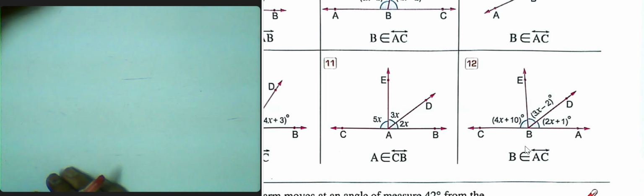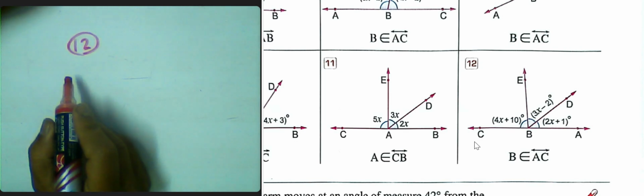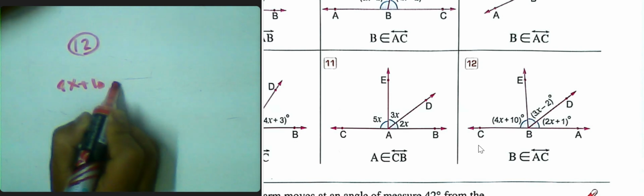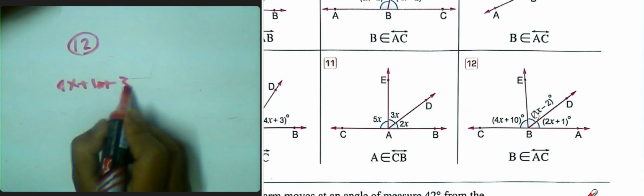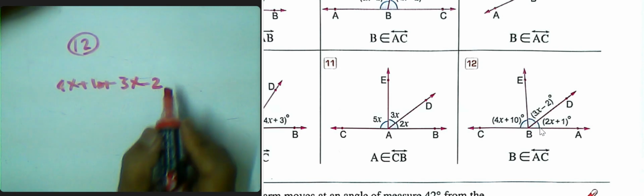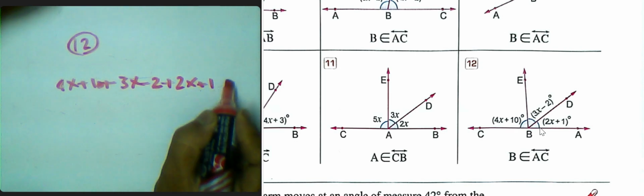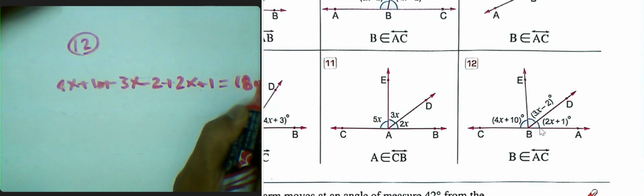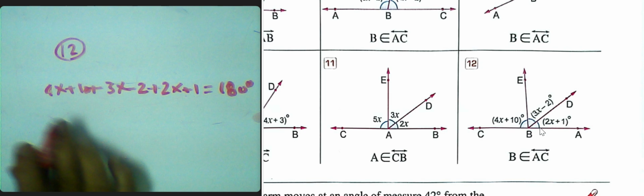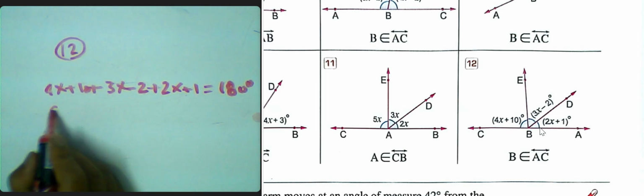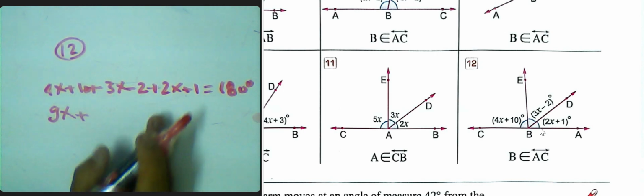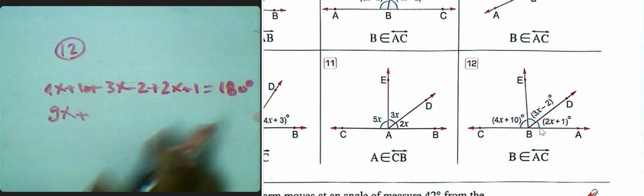Next example, we have three adjacent angles, the sum of them equals 180 because B belongs to a straight line AC. Then question number 12, we have 4x plus 10 plus 3x minus 2 plus 2x plus 1. The sum of them equals 180 degrees. 4 plus 3 is 7, plus 2 is 9x. 10 minus 2 plus 1 is 9. So 9x plus 9 equals 180.